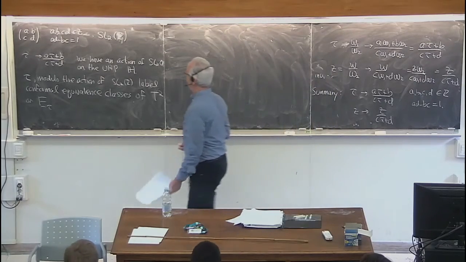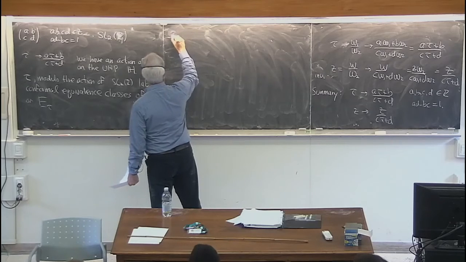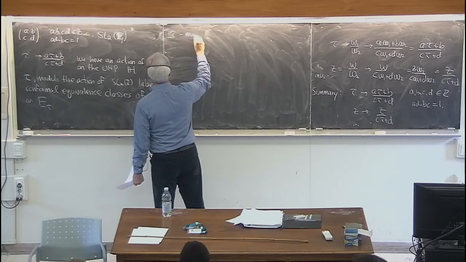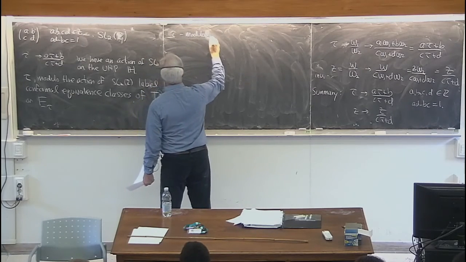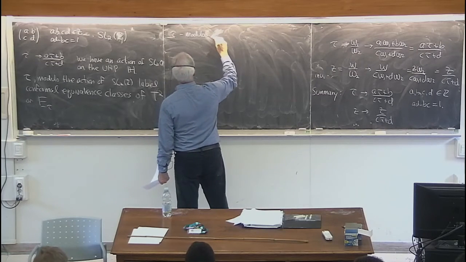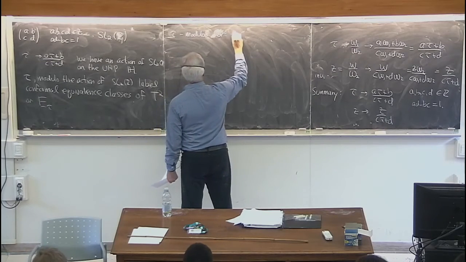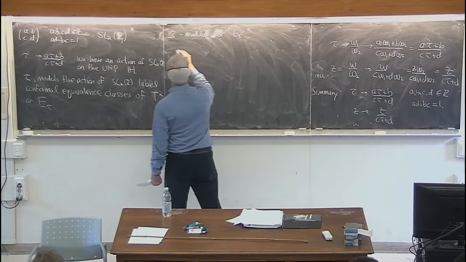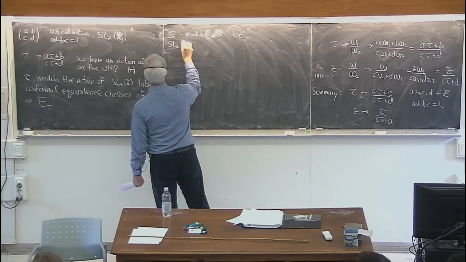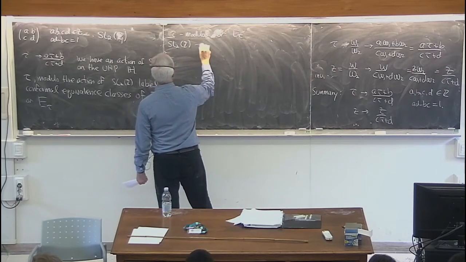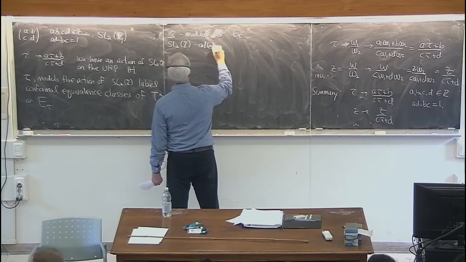So for this reason, tau is called a modulus. And the group SL(2,Z) is often called the modular group.